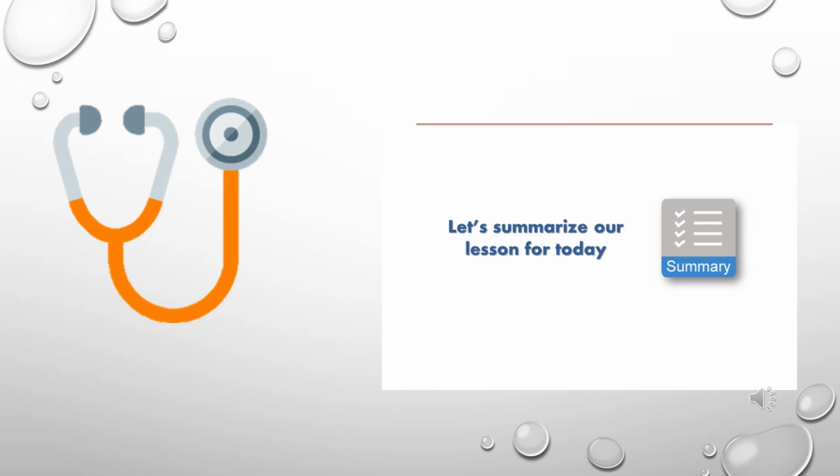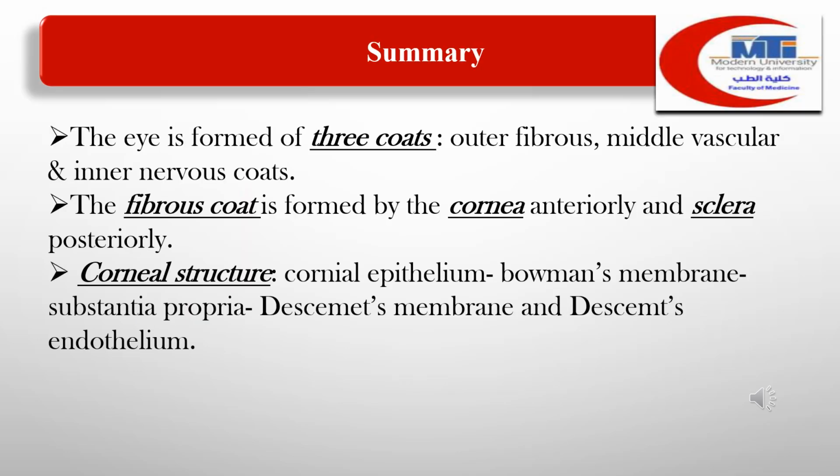Let's summarize our lesson for today. The eye is formed of three coats or three layers: the outer fibrous, then middle vascular, and the inner nervous coats. The fibrous coat is formed of the cornea anteriorly and sclera posteriorly.